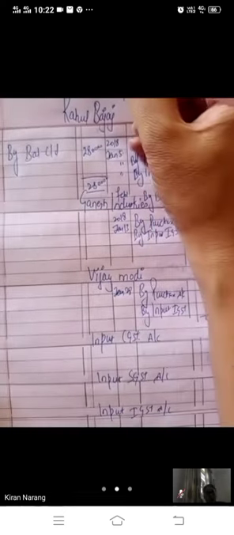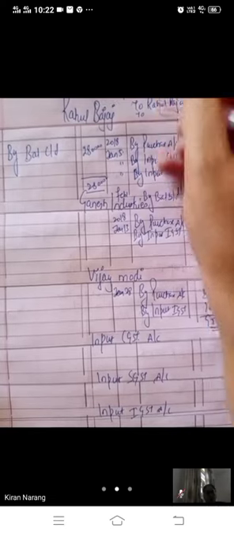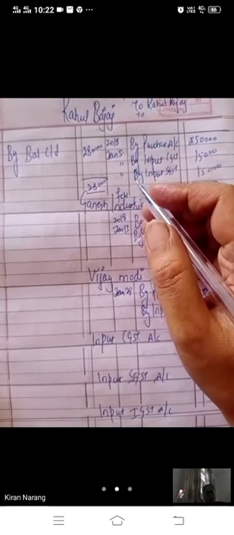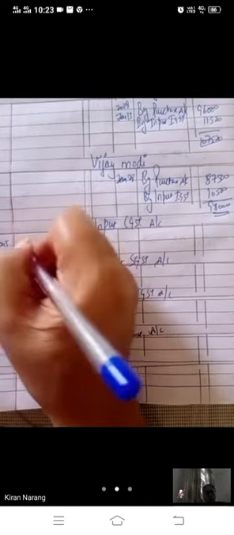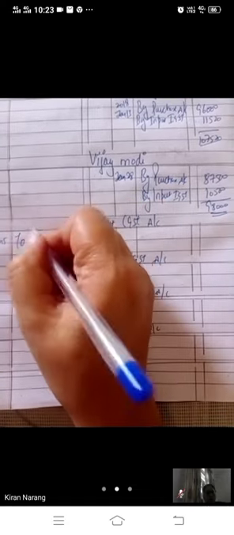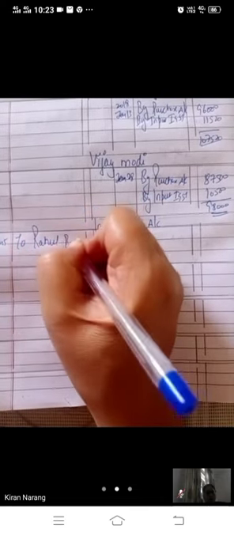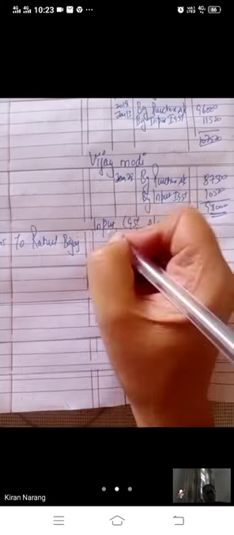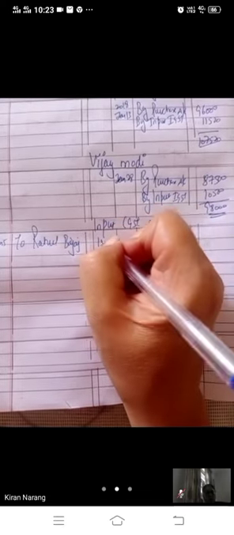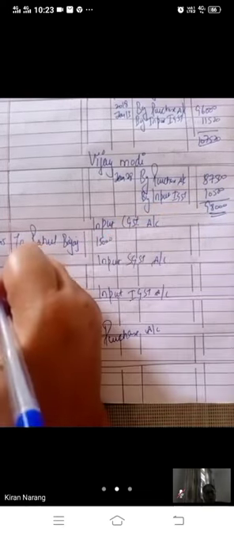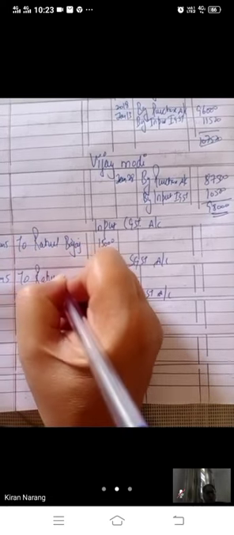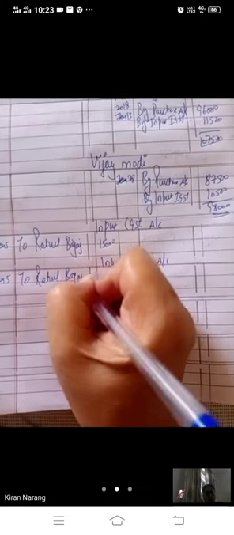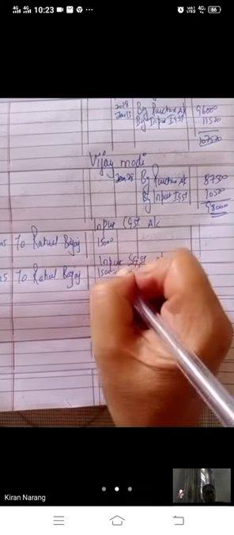Now in input taxes, what do we have to write? Input was debited. We will write to Rahul Bajaj, to Ganesh Industries and to Vijay Modi. January 5, CGST one time was charged, January 5 to Rahul Bajaj. Only one time CGST is used in the question. Rahul Bajaj 15,000. And one time only SGST was used, to Rahul Bajaj 15,000.